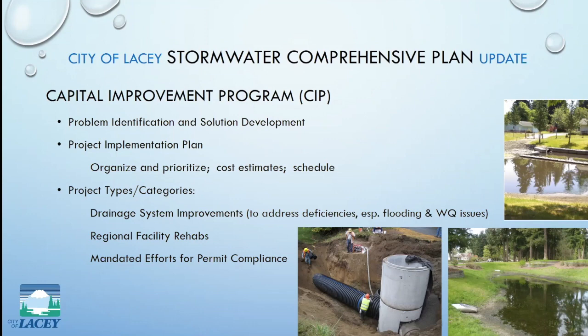But over time, those get beyond routine maintenance where you need to, maybe scoop out a lot of collected sediment and remove excess vegetation, or sometimes you have to reshape the facility because of sloughing and whatnot. So we have a few projects on our current, proposed CIP, that are regional facility rehabs. And then there are a couple that are related to mandated efforts for permit compliance. These would include updating our stormwater manual and doing what's called stormwater management action planning for future water quality retrofits.